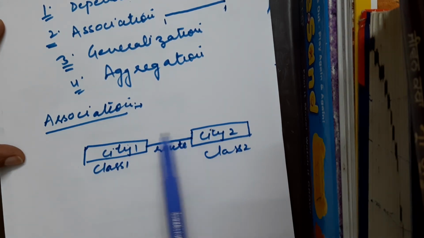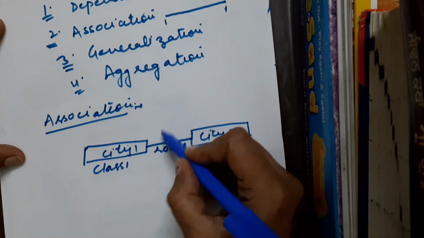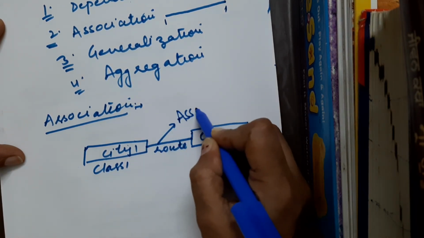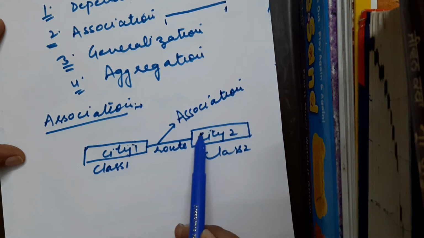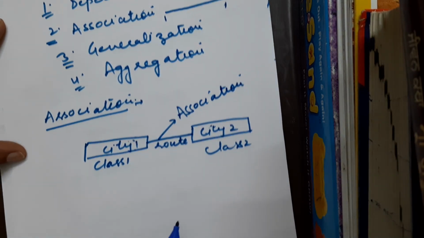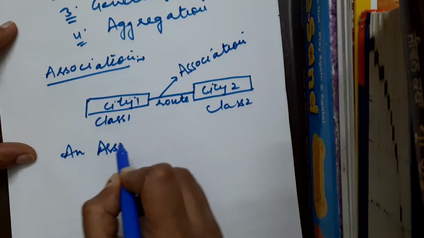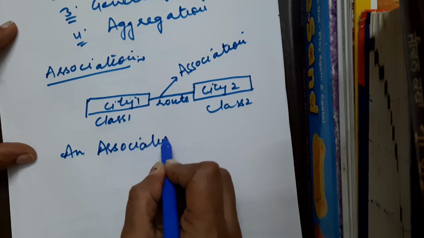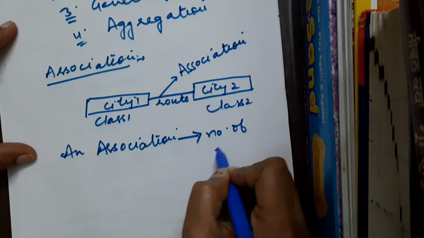So these two classes are connected with each other with the help of a route. So this route represents an association. It means these two classes are associated with each other. Now an association further contains a number of links.